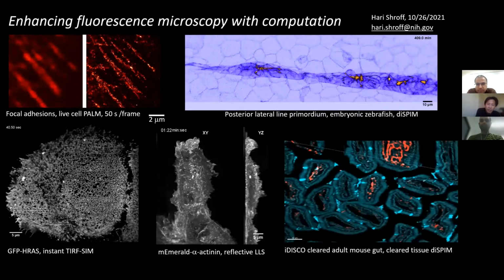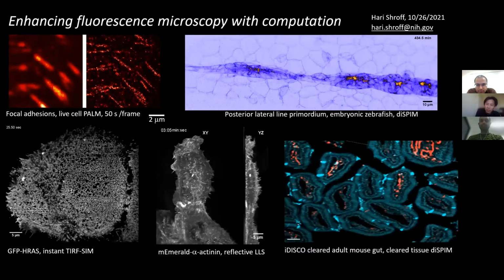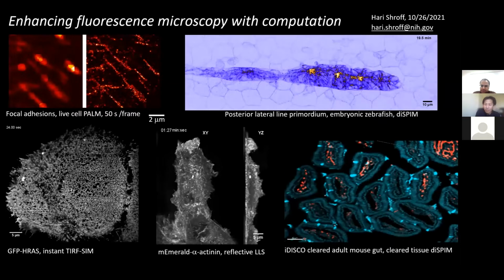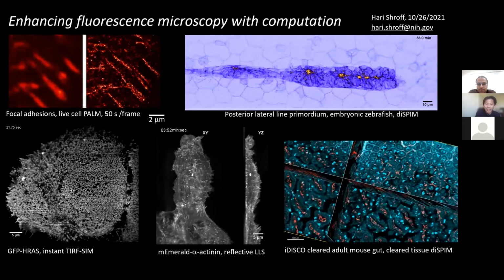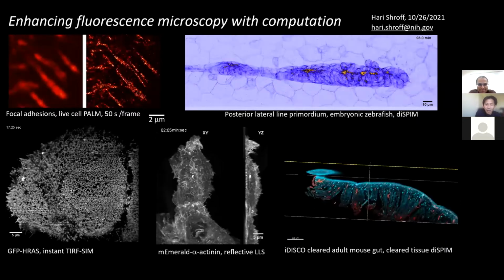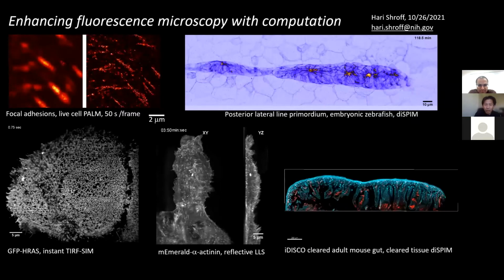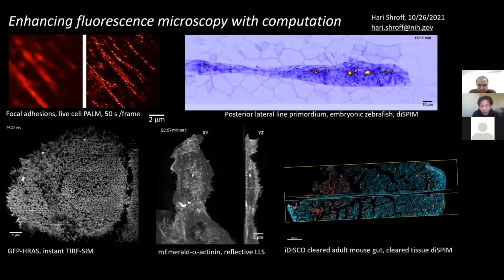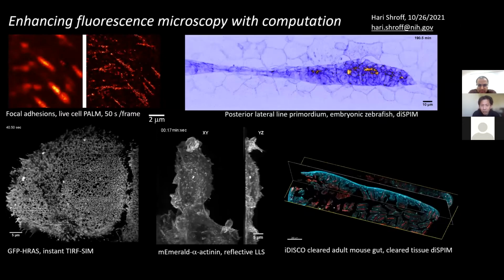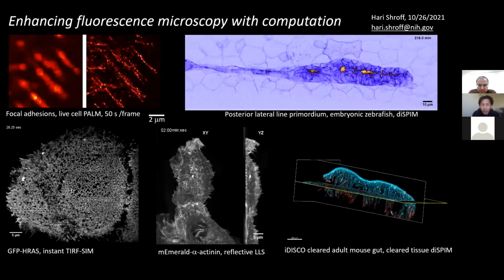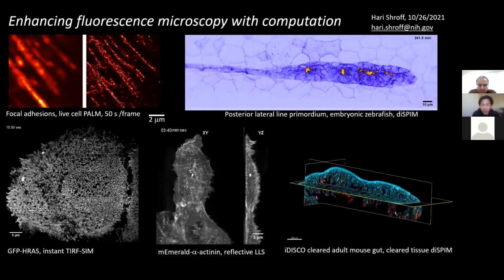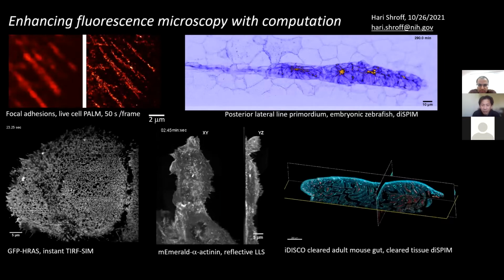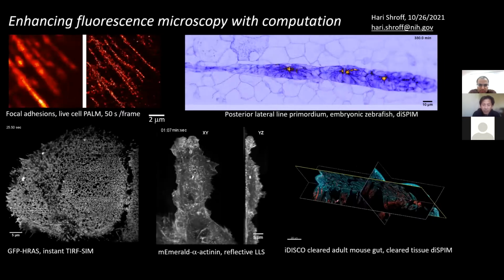Hari's been a core developer of advanced imaging, especially in microscopy, for the last couple of long years, I think. A quick intro to Hari. Hari received his bachelor's in bioengineering from the University of Washington in 2001, and under the supervision of Jan Liphardt, did his PhD in biophysics at the University of California at Berkeley in 2006.